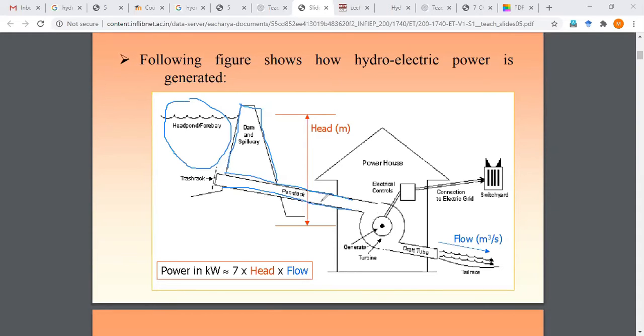This kinetic energy is converted into mechanical energy with the help of the turbine, which is placed in the powerhouse. As I said, the turbine is mechanically coupled with the generator, so it will generate the electricity and send that energy for transmission purpose.